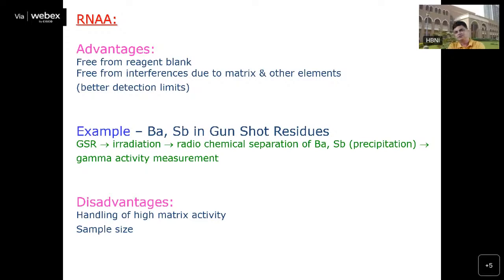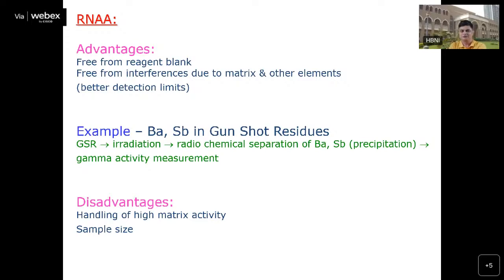Because the concentration of lead and antimony in the gunshot will tell you whether the shot has been fired from a long distance or a short distance. So these are the signatures, and the variation in the concentrations can clearly indicate this.